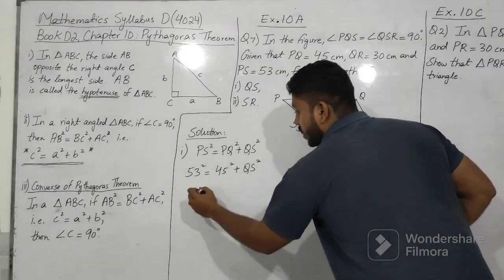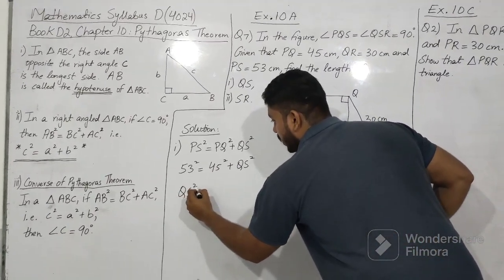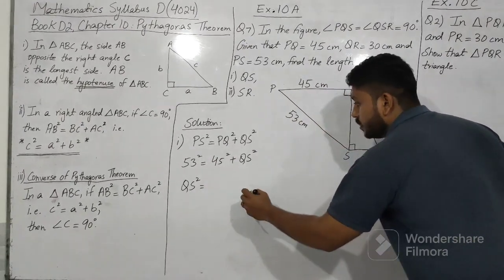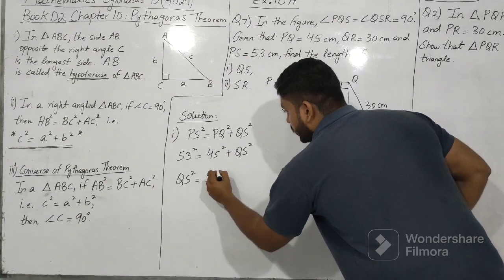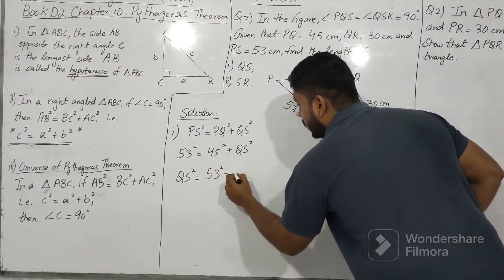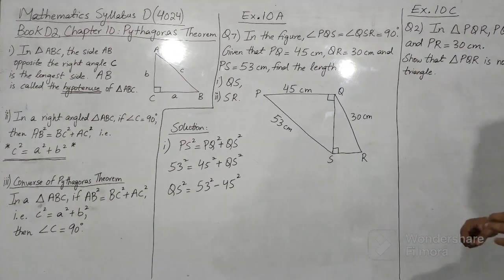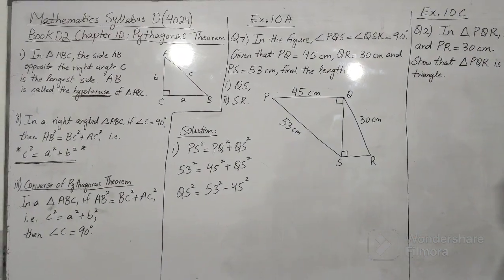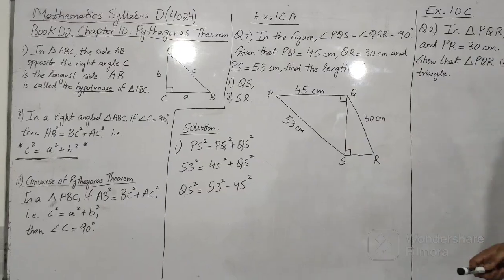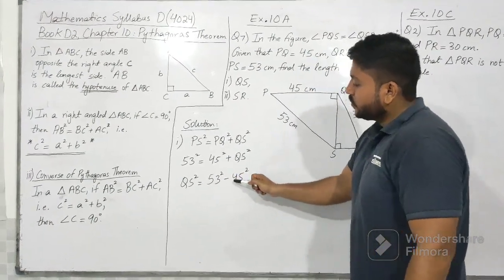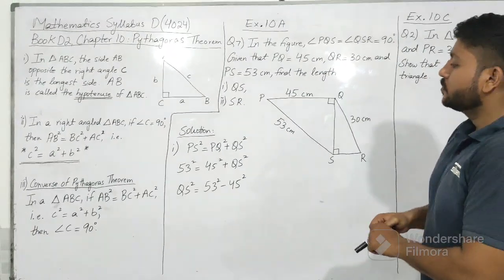So QS square shall remain here and this square will be subtracted to that side. So 53 square minus 45 square. So now we are done with this: QS square equals 53 square minus 45 square.